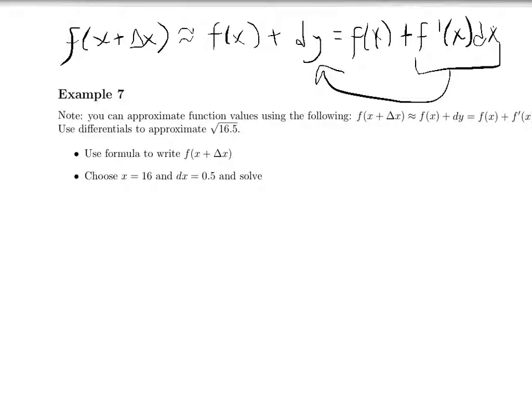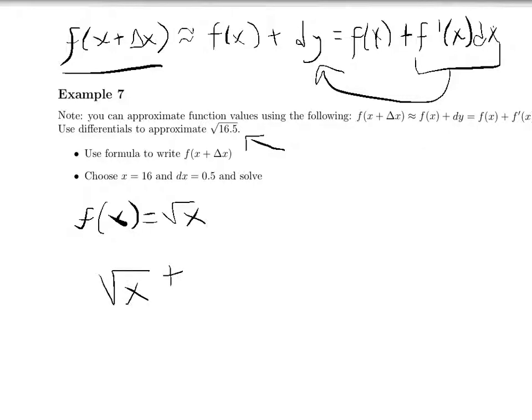So if we have a function and we know like a base part of it, but we don't know the specific one, we can take a look and approximate. So here, our function is square root of x, all right? So if we want to find some slightly different thing, so we know what square root of 16 is, but if we want to find square root of 16.5, all right, we can rewrite using this approximation up here, f of x, which will be square root of x, plus the derivative times dx, okay?